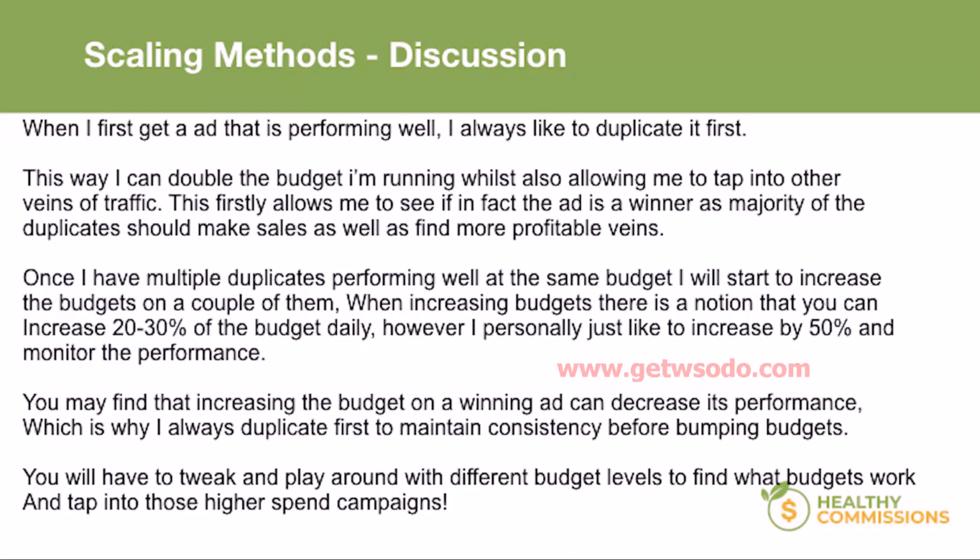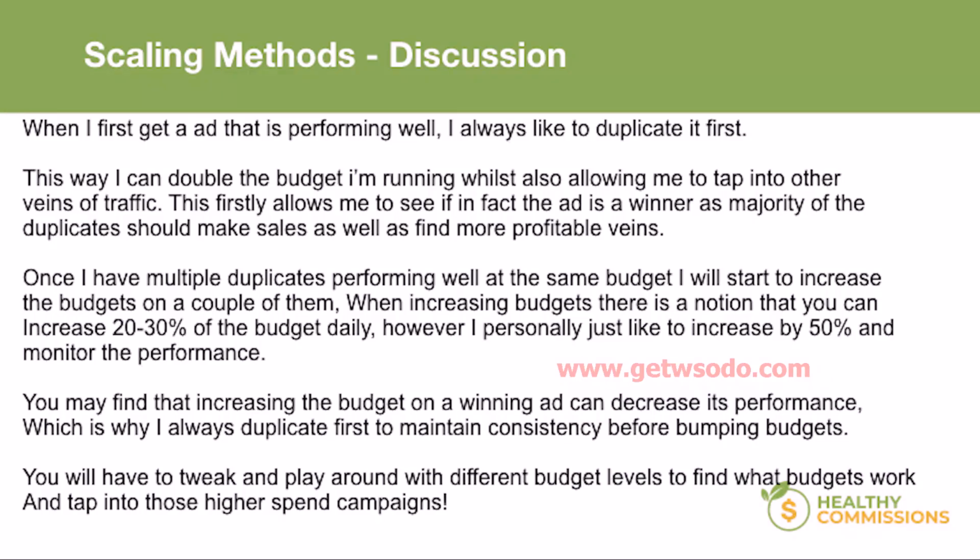So that basically summarizes how to split test and how to analyze your data, and different methods and structures you can use. The biggest thing that you want to take away from this is the fact that split testing is the most important thing, right?